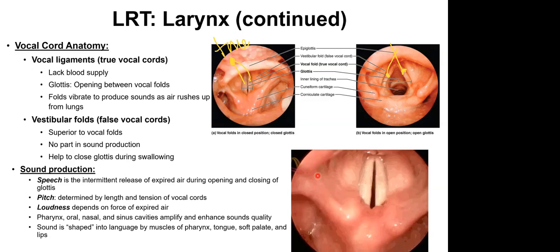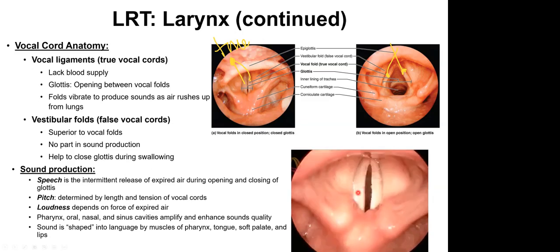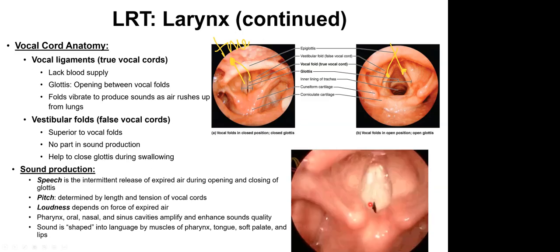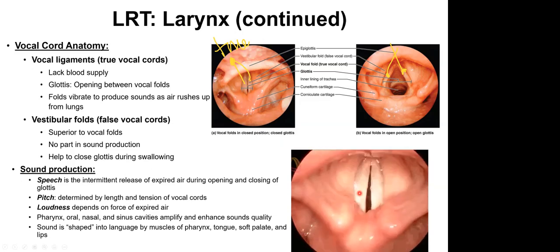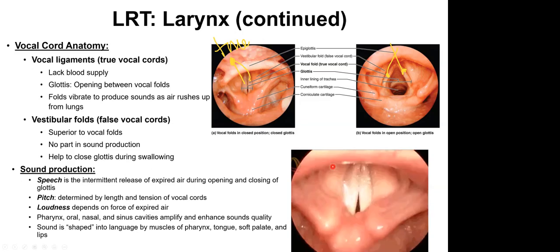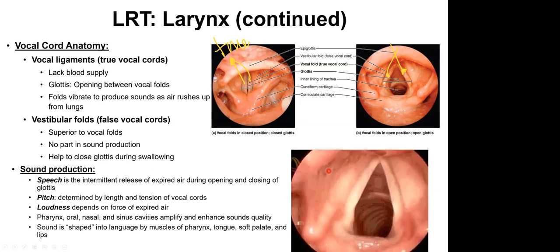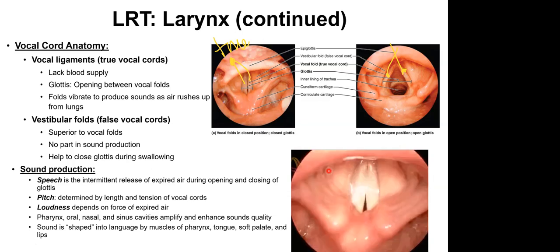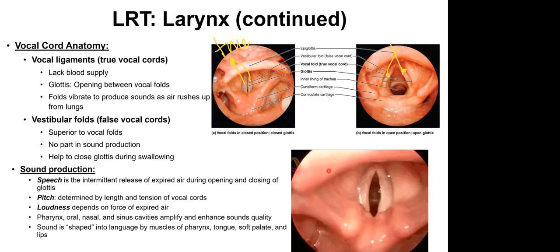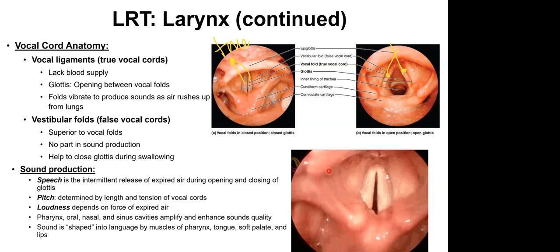So as we exhale, the folds are initially pushed apart, and then the flow of air moving past these folds is what creates this low pressure situation, also called the Bernoulli effect, that helps to pull the folds back together.